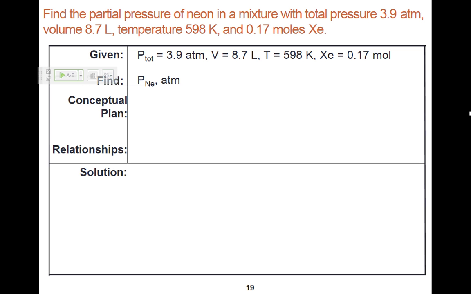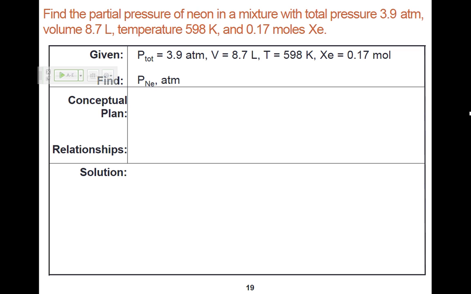Or you can go through the way I'm going to go through, which is find your pressure of xenon and then just subtract that from your total pressure. So I'm only using PV equals nRT once, but you can do it both ways and you'll find the same answer. Because really there's one thing we are looking for, which is the partial pressure of neon.